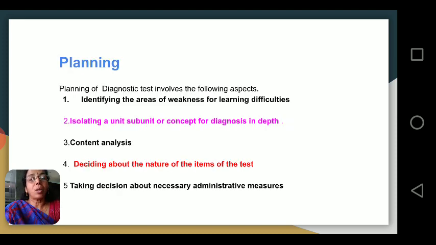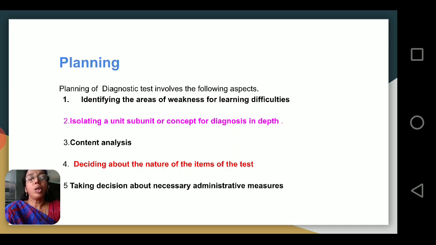Planning of diagnostic test involves the following aspects. We all know that for every action to be implemented in an effective manner, there should be a planning.